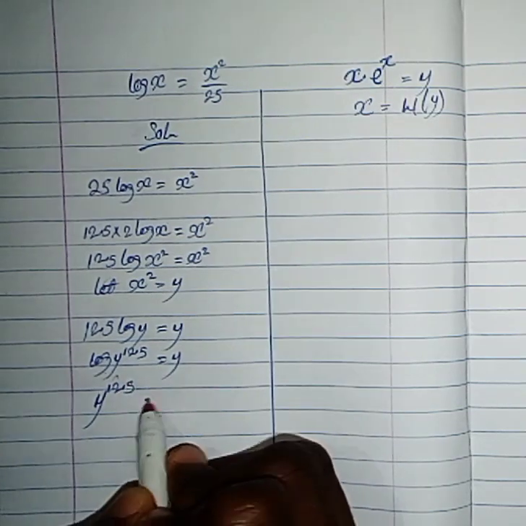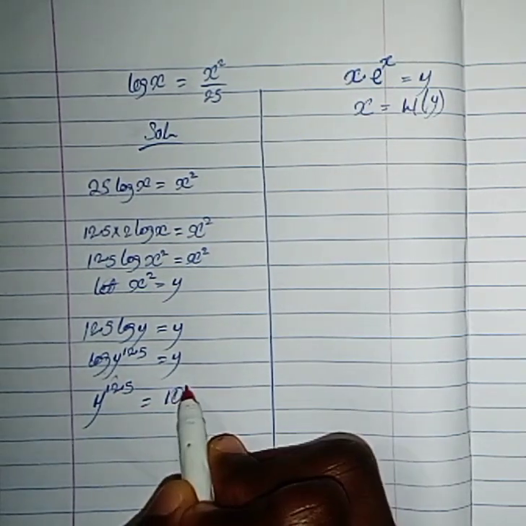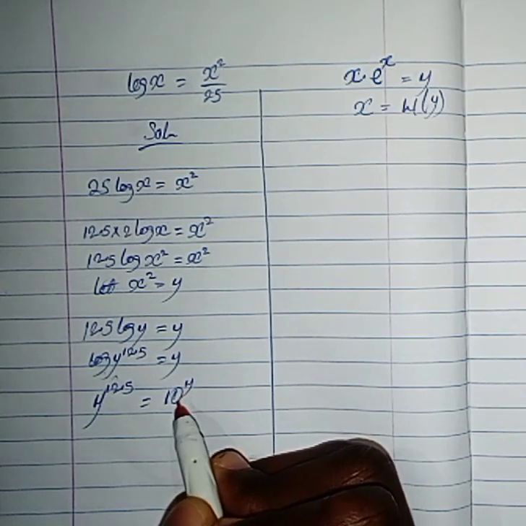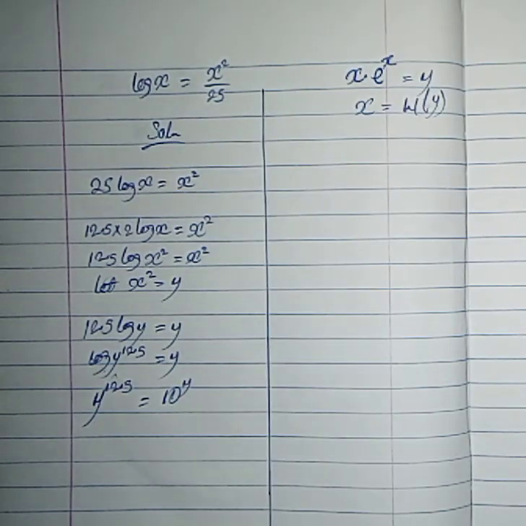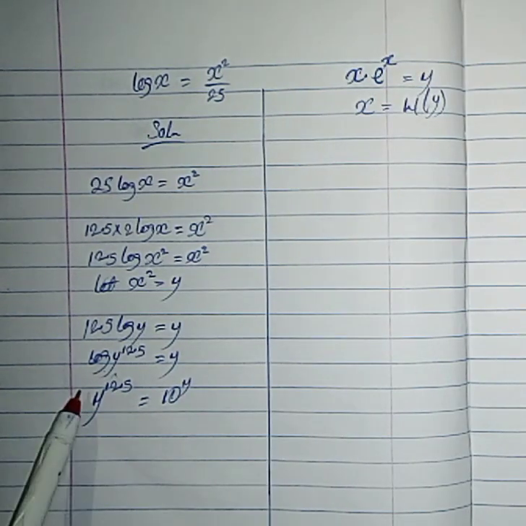Now actually I remove this log because I don't have any work with it, because we are actually working with the natural logarithm when it comes to the Lambert W function. So now I want to introduce the natural logarithm.